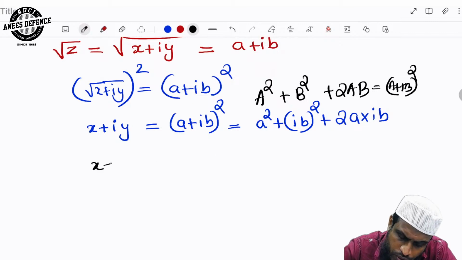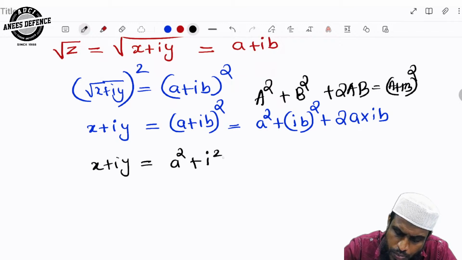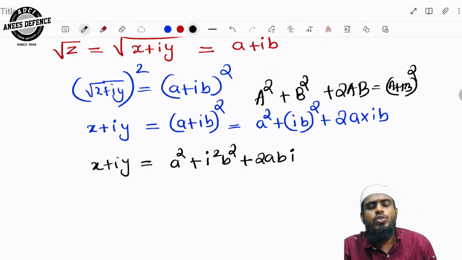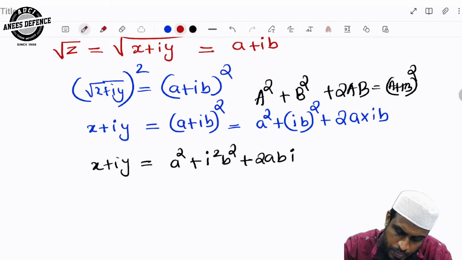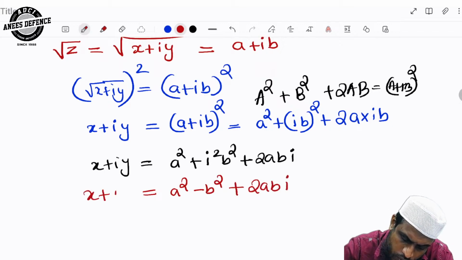So x plus iy equal to a square plus i square b square plus 2abi. Again, i square is actually minus 1. So you can write x plus iy equal to a square minus b square plus 2abi.